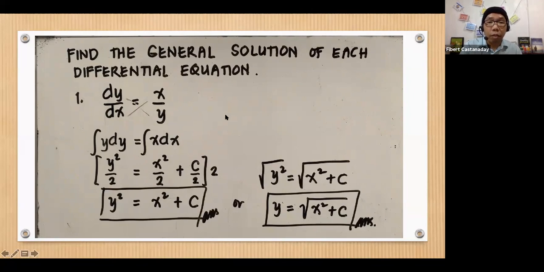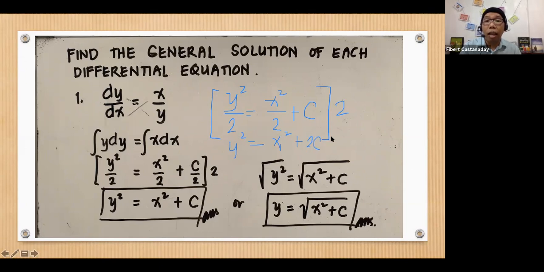So for example, you have y squared over 2 equals x squared over 2, and then you put only c. To simplify this, you multiply both sides by 2. So you have y squared equals x squared, and by multiplying the entire equation by 2, you have 2c.